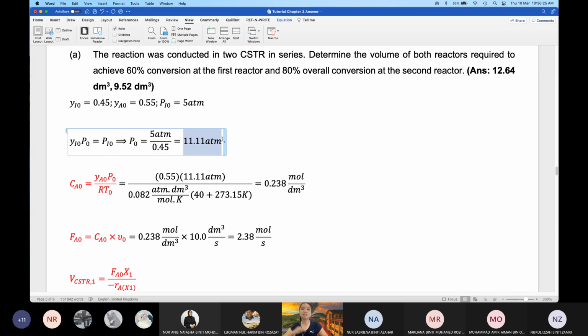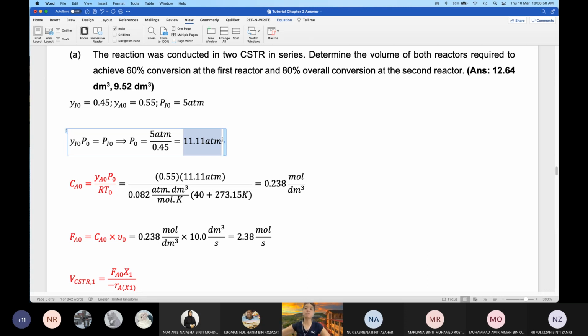Because this is official calculation, I show you this way. In easier way to understand, macam ni. 45% mole percent inert ni bersamaan dengan 5 ATM. Kalau kamu nak tahu jumlah tekanan keseluruhan sistem P0 bersamaan dengan 100%. 45% sama dengan 5 ATM.